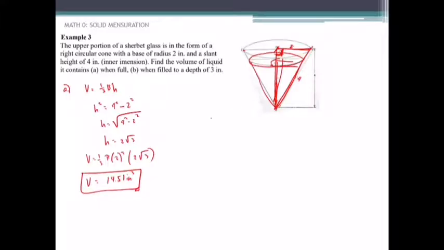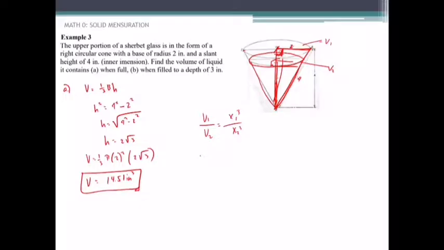So we will use the concept of similar figures. Let us consider V1 as the bigger cone and V2 the smaller cone. V1 over V2 is equal to x1 cubed over x2 cubed.